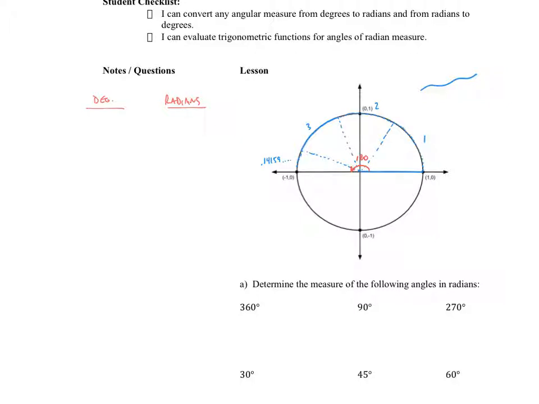So in degrees, I could go 180. But in radians, that would be 3.14159 radians, right? And we know that the number 3.14159 is pi. So that's why this number pi is so useful when we deal with circles, because it is exactly the number of times that the radius of any circle fits along the edge of that circle around the circumference to cover half of the circumference of the circle.